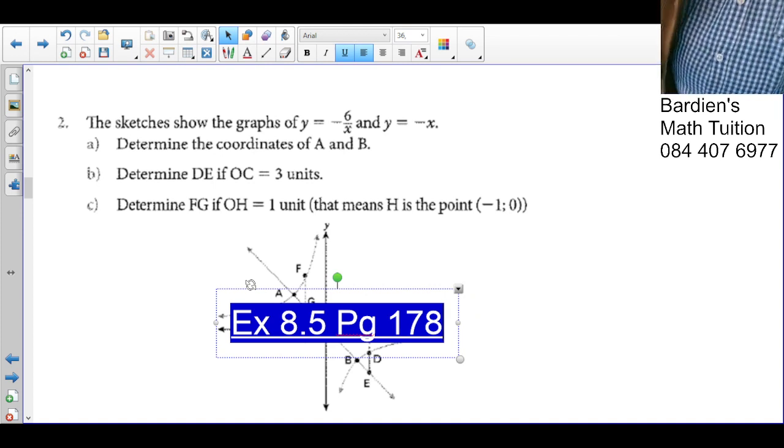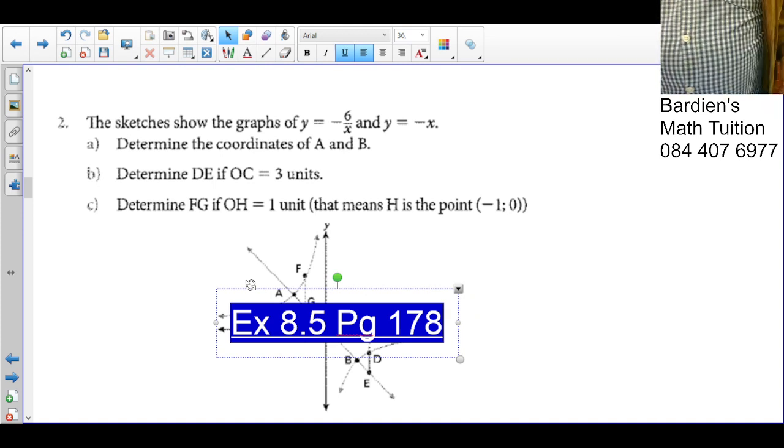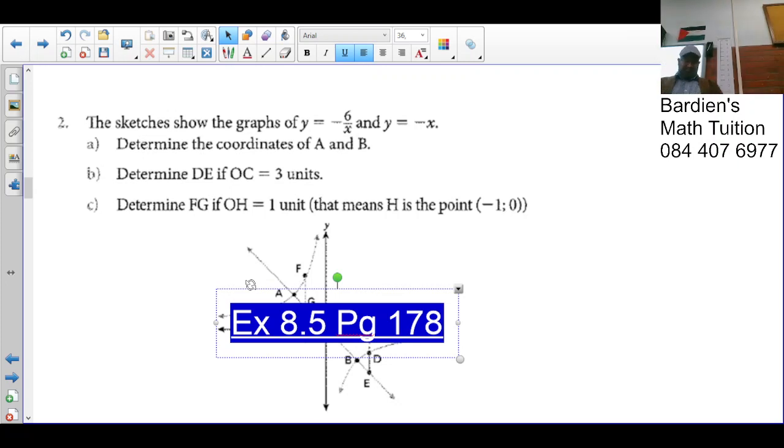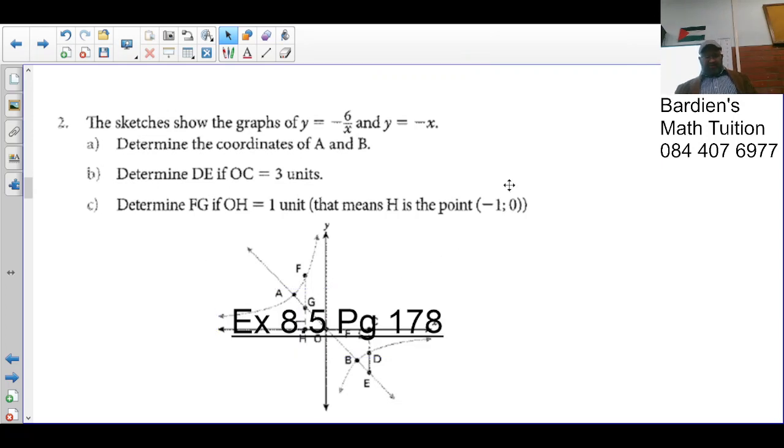Okay. Hang on. Okay, it's on 178. Page 178.